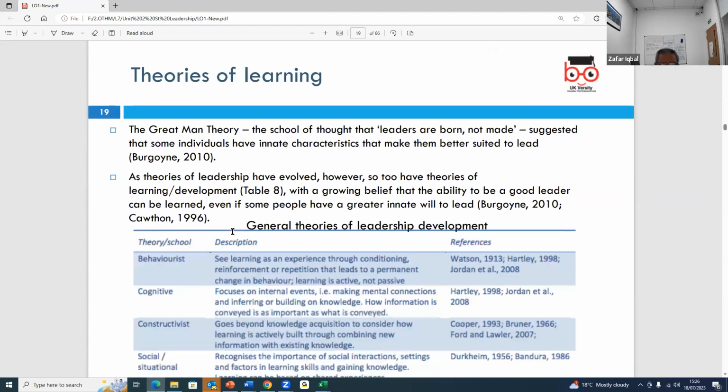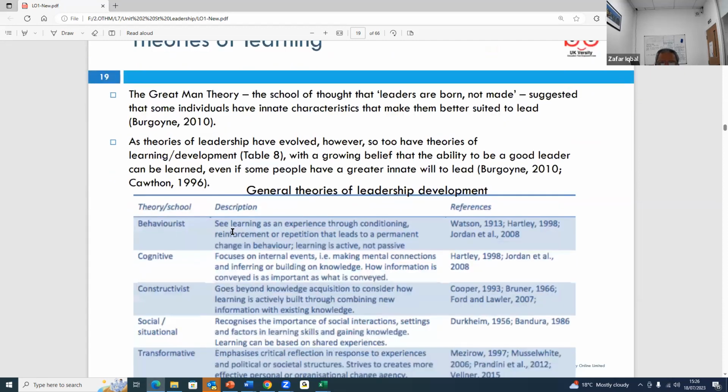Okay, one theory is called the great man theory, for example, where it says the leaders are born rather than made, i.e., leaders are naturally born, they have natural instinct, they have natural characteristics, people have some kind of behavior that leads into leadership and so on.